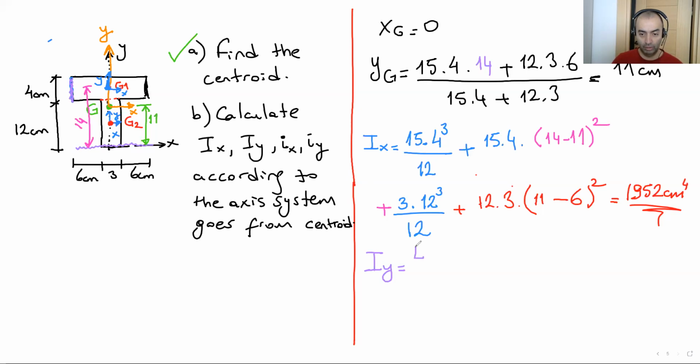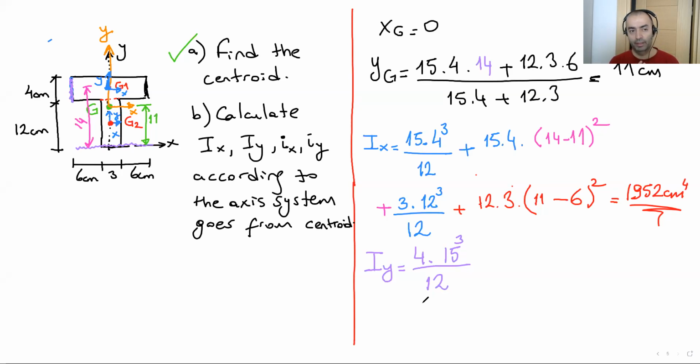It's 4 times the perpendicular one, totally 15 cubed over 12. We are now on the local y-axis. We are going to transfer it to the global y-axis, the orange one.